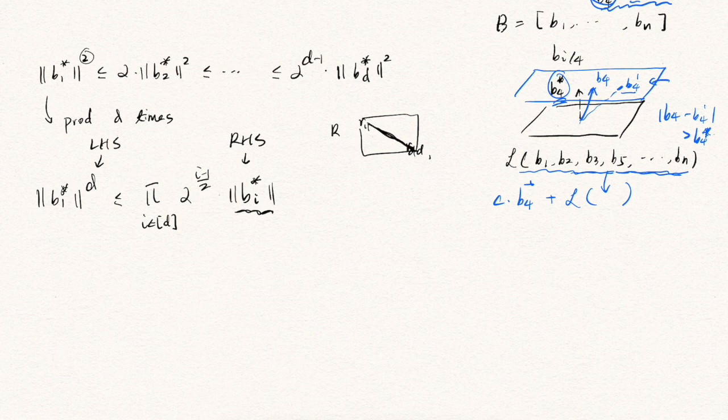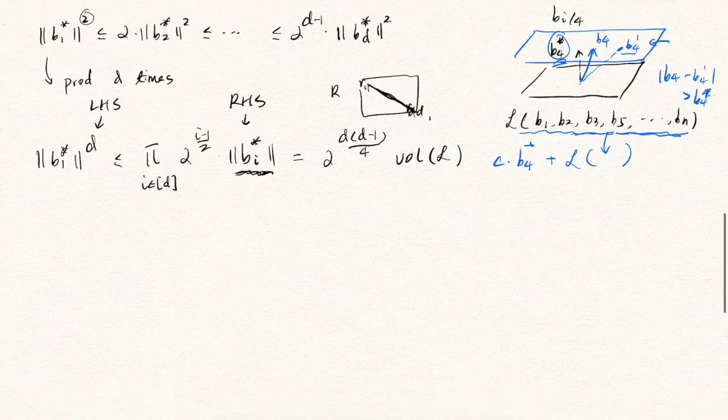So this equals alpha to the d minus 1, a geometric series, times the volume of the lattice Lambda, because the product of these is the volume of the fundamental parallelepiped of the lattice.